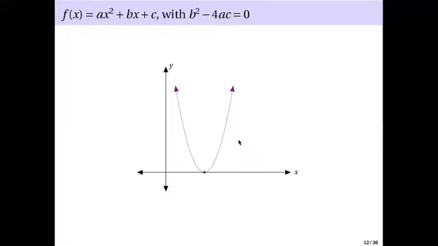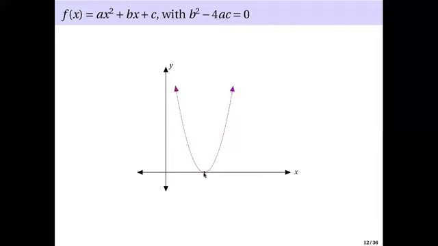So for example, here is the case where b squared minus 4ac equals 0. This is the parabola, this is your y-axis, this is your x-axis, and that's the vertex. So the parabola only touches the x-axis.